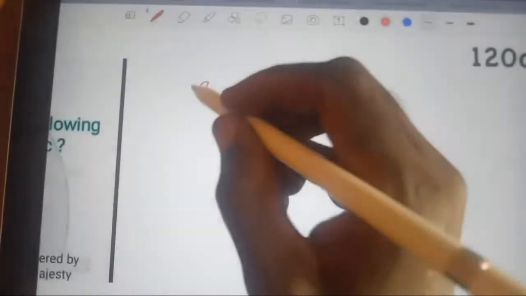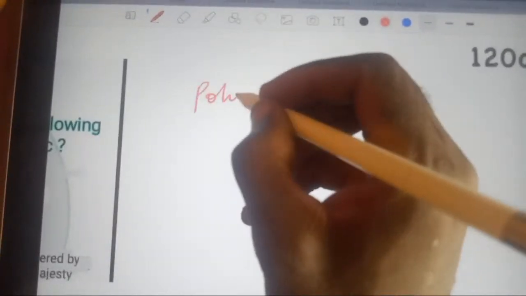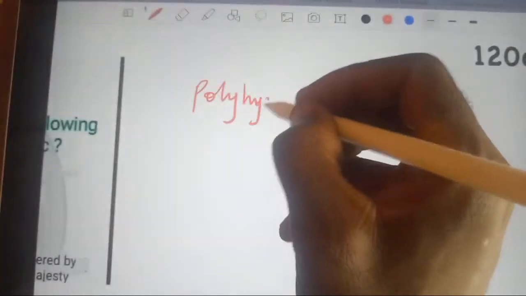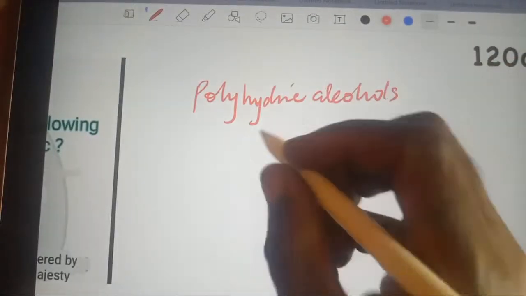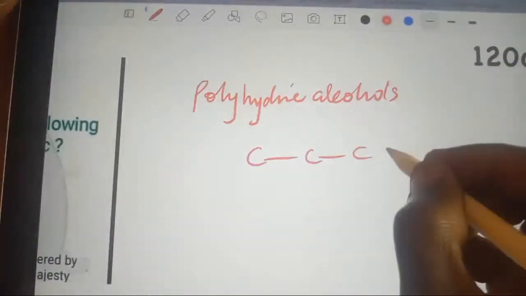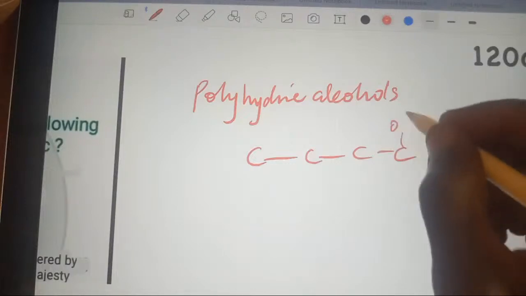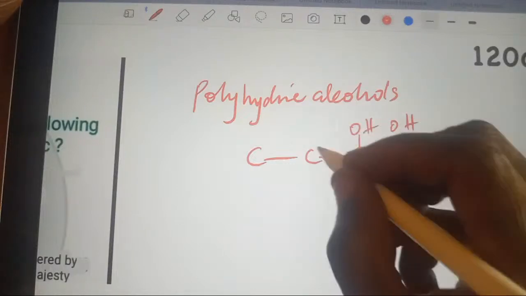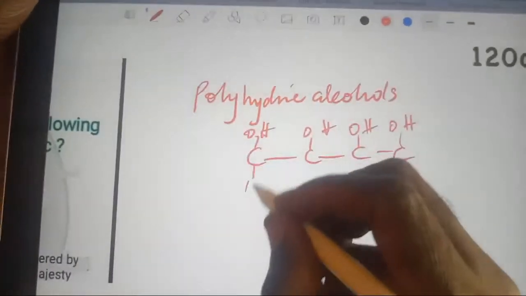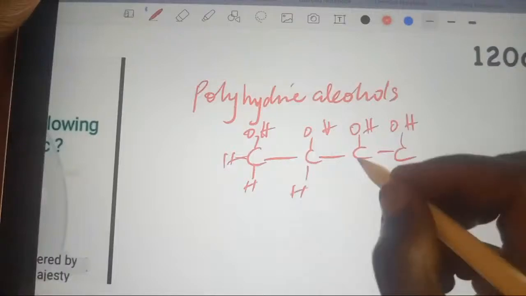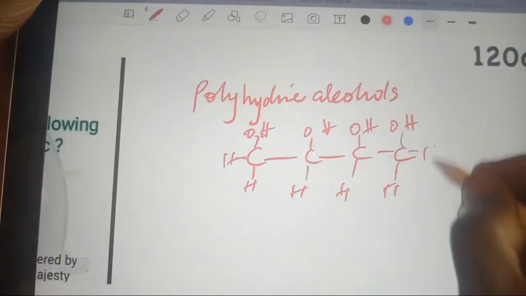When we say that an alcohol is polyhydric, we are discussing alcohols that have OH in all the positions. For example, this compound you are seeing there, if you see such a compound, this is actually a polyhydric alcohol.